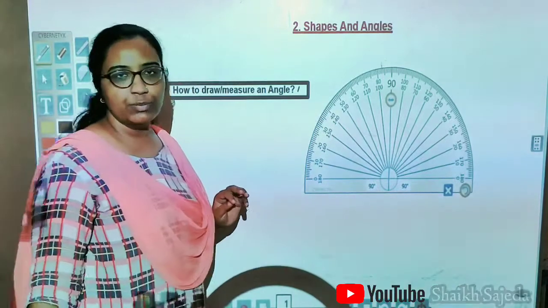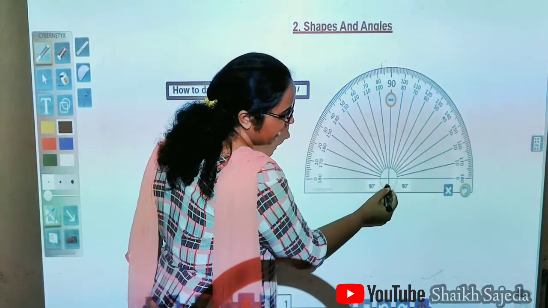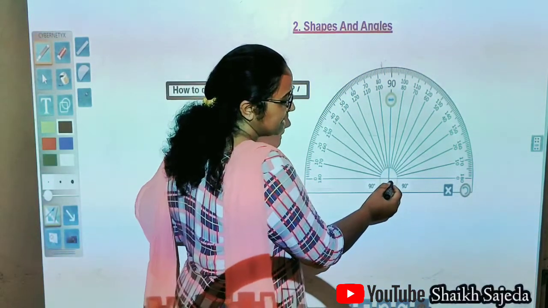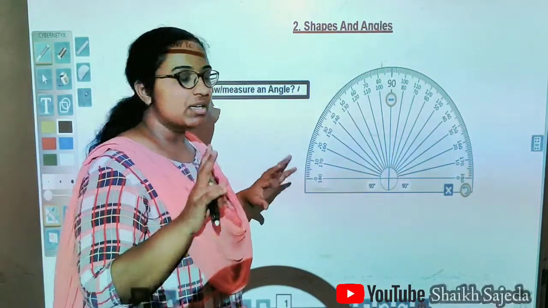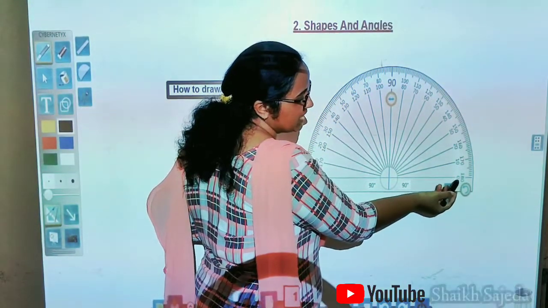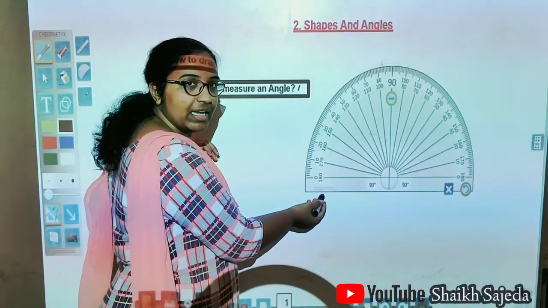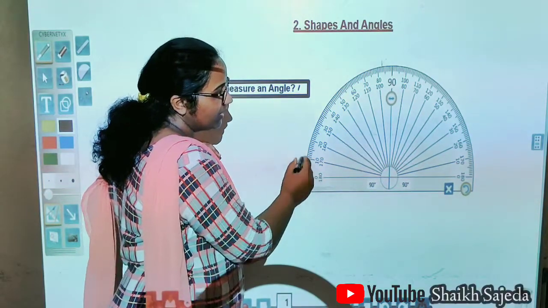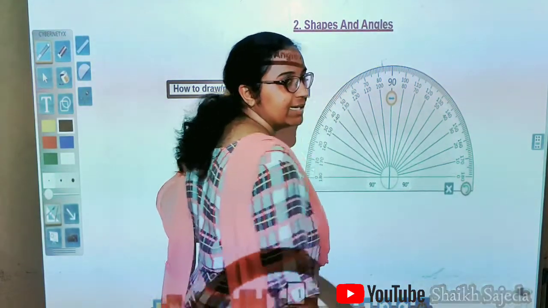This is a protractor. You can see here that at this point it forms a right angle where 2 lines intersect each other. On this instrument numbers are given in 2 ways. First, from the right side it begins with 0 and ends at 180, and at the opposite side once again it begins with 0 and ends at the right side with 180 degree.